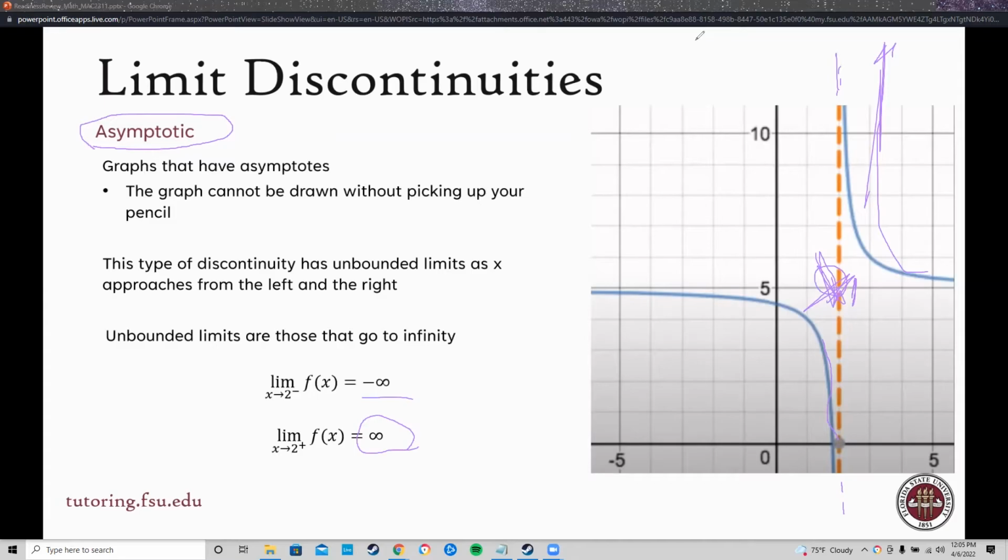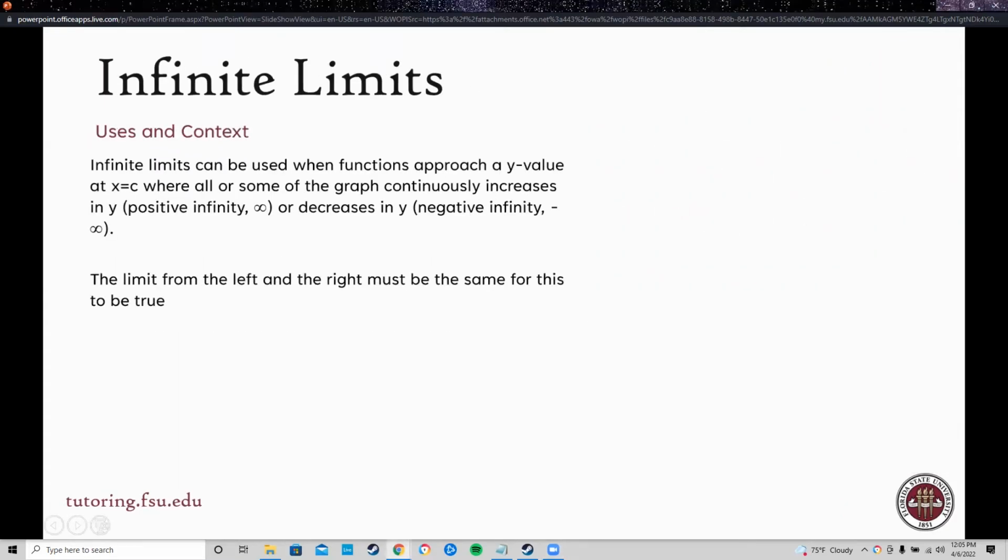However, as you'll see in a coming example, that does not always happen. Infinite limits can be used to describe an infinitely increasing or decreasing y value, which, as I mentioned before, happens very often in math and science.